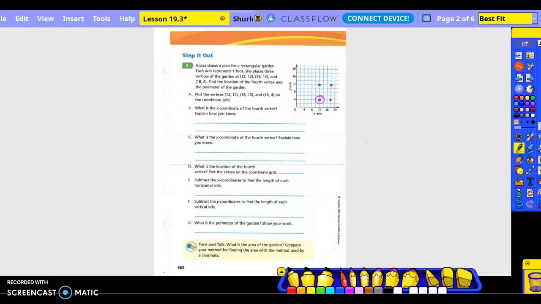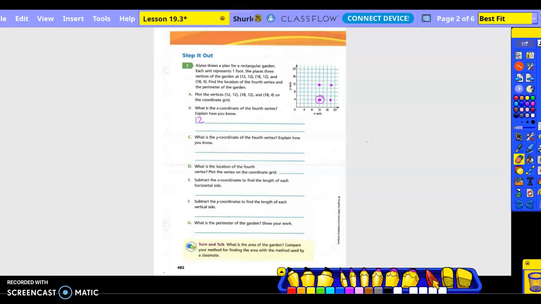Okay, so what is the x-coordinate of the 4th vertex? So it is 12, right? Actually, let's just talk about it. It'd be 12 because we need to make a rectangle, right?